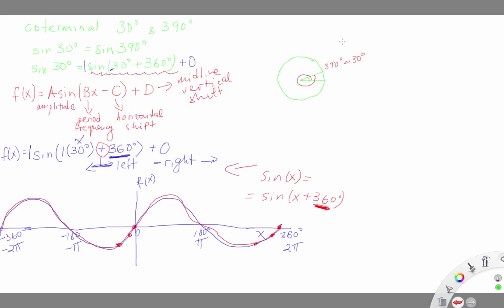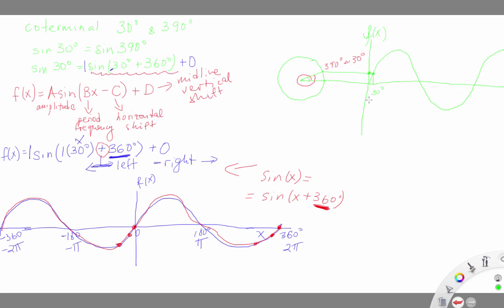We can also show this in the unit circle over here. If you can see, I'm going to draw our sine function. When we are at 30 degrees, we will be somewhere here on the x-axis. Our y value is over here, somewhere on the f of x, or the y-axis.